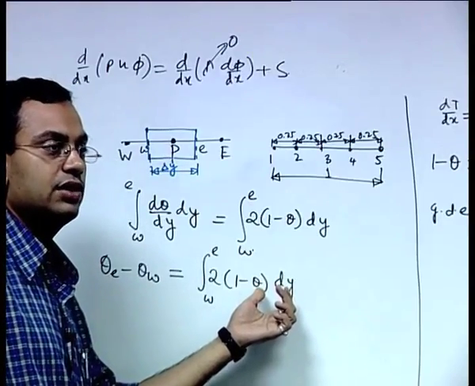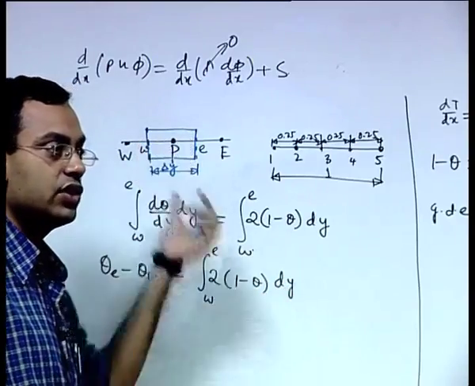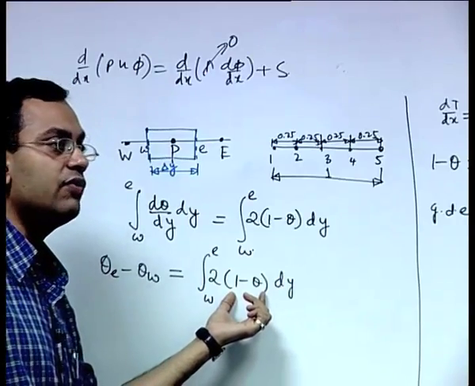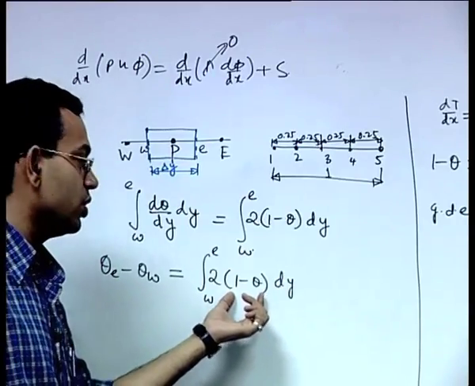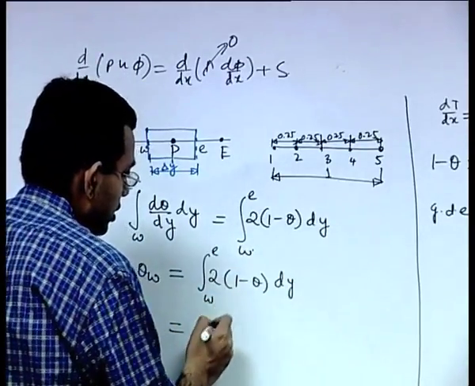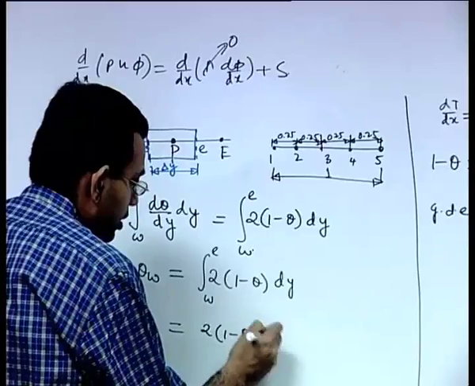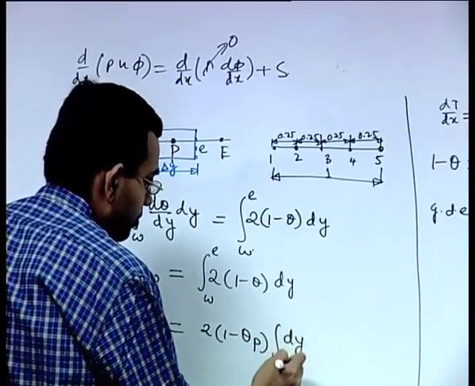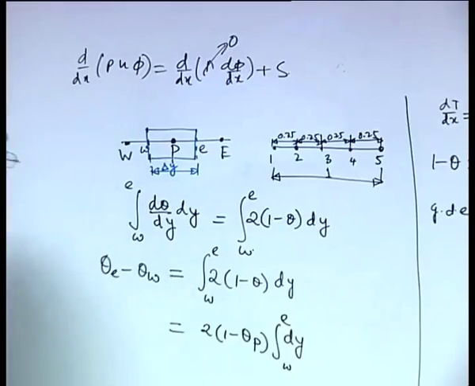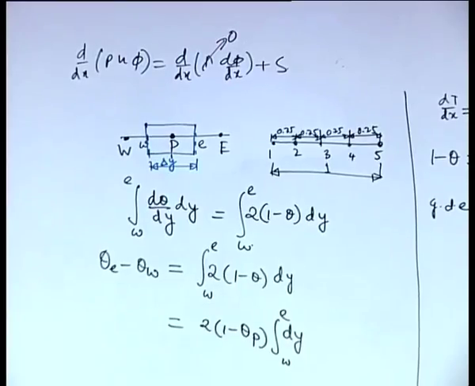You can take piecewise constant within the control volume, because this does not require any derivative calculation for theta. So if you take the piecewise constant profile assumption for theta, then it becomes 2 into 1 minus theta p into integral of dy from small w to small e. Because it is a constant, it comes out of the integral.